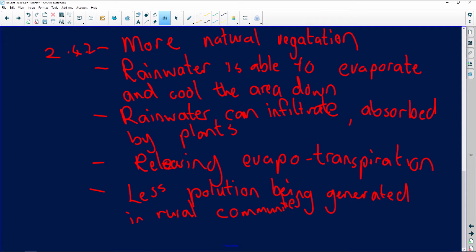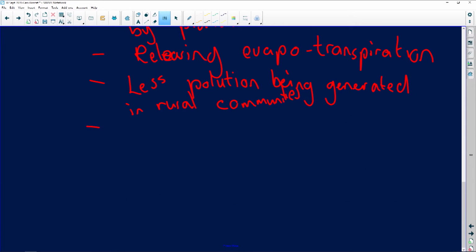And lastly, I've mentioned that density is much lower. What does density mean? It's the number of people living there. It's much less density. People live far from each other. If you look at population density from Johannesburg to Magaliesburg, there are so many more people living per square kilometer in Johannesburg than Magaliesburg.